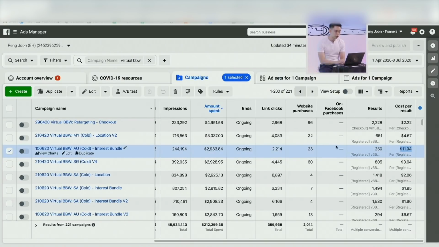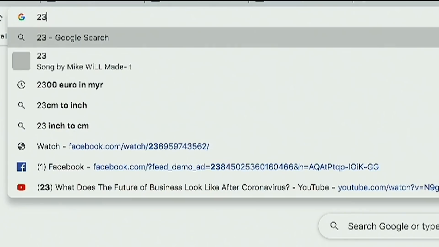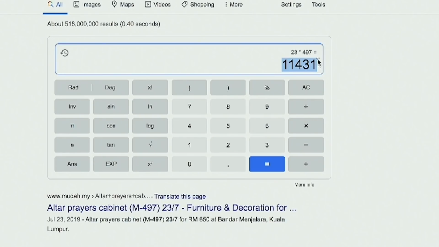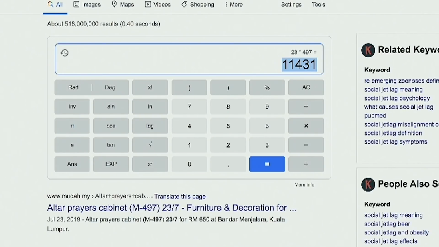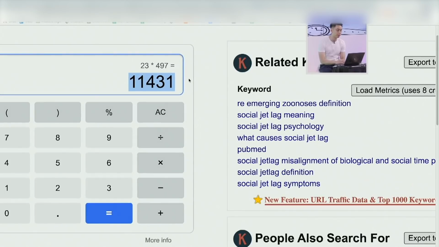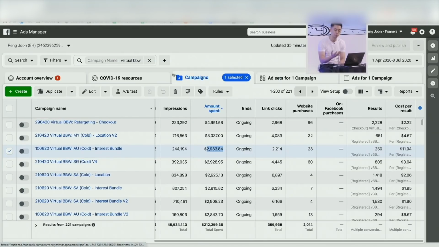And out of these 250 people, 23 people bought. So 23 people multiplied by 497 is $11,431. So effectively, what we did was we spent $3,000 and we made back $11,431 in sales. That would be roughly a 3 to 4x return on the front end.